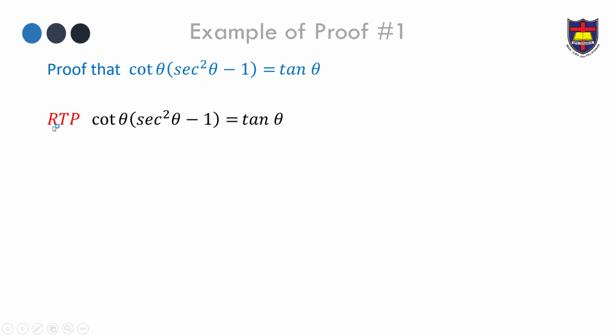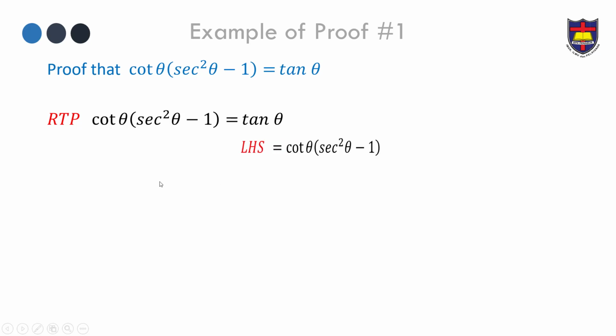If you want to write it down, you will write it with RTP, which is the symbol for required to be proved equalities. Later, you can choose which side you want to start from, whether the left hand side or the right hand side. Usually, you will choose the complex one and simplify it into the other side.